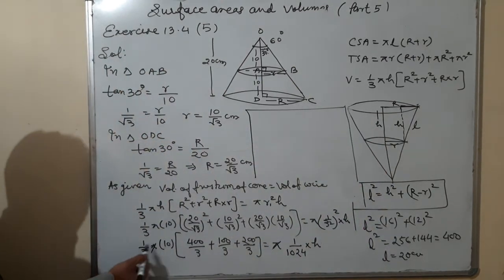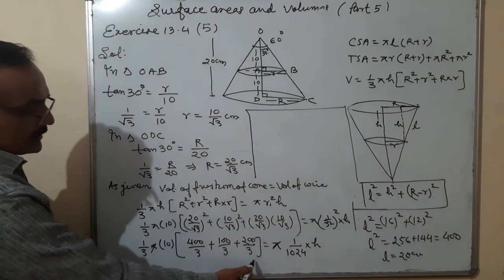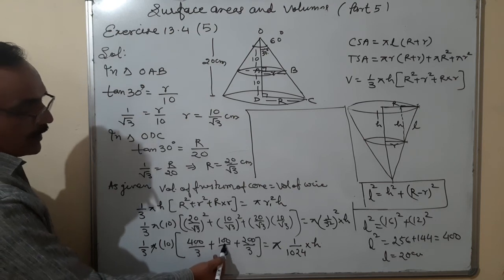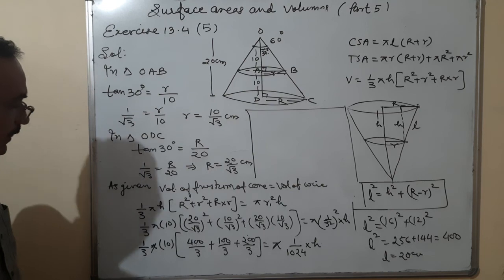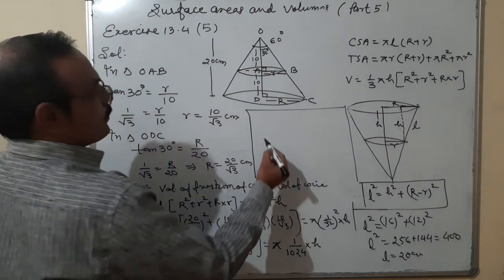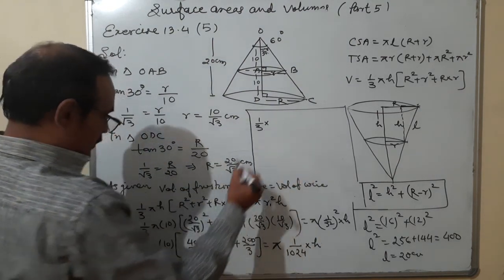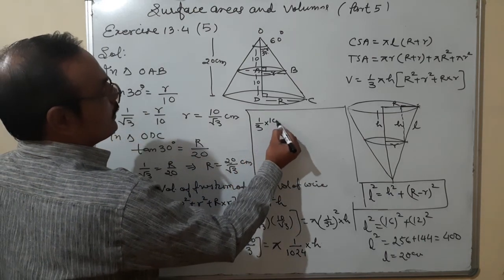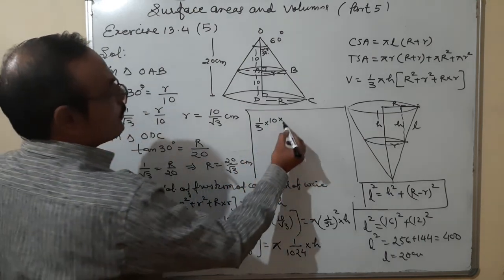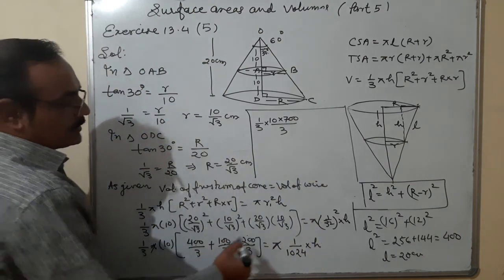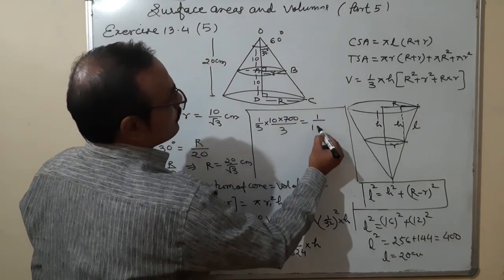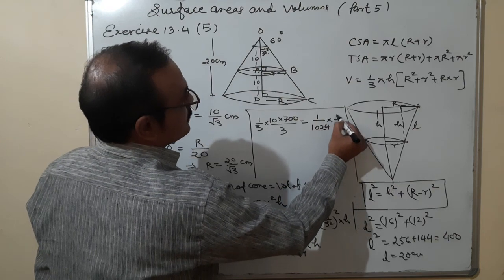Taking LCM as 3, 400 plus 100 plus 200 is 700. So I write here 700 upon 3 multiplied by 10. So 1 upon 3 into 10 into 700 upon 3, total 700 upon 3, is equal to 1 upon 1024 into h.